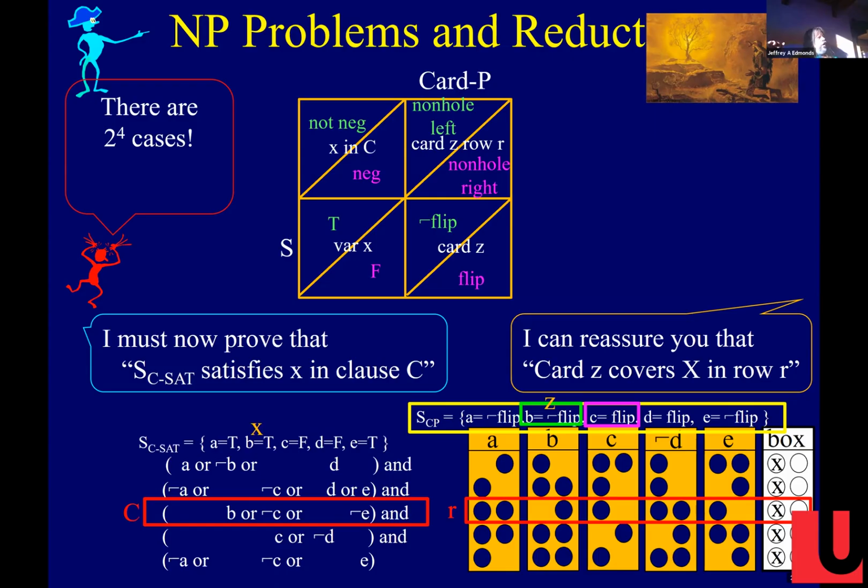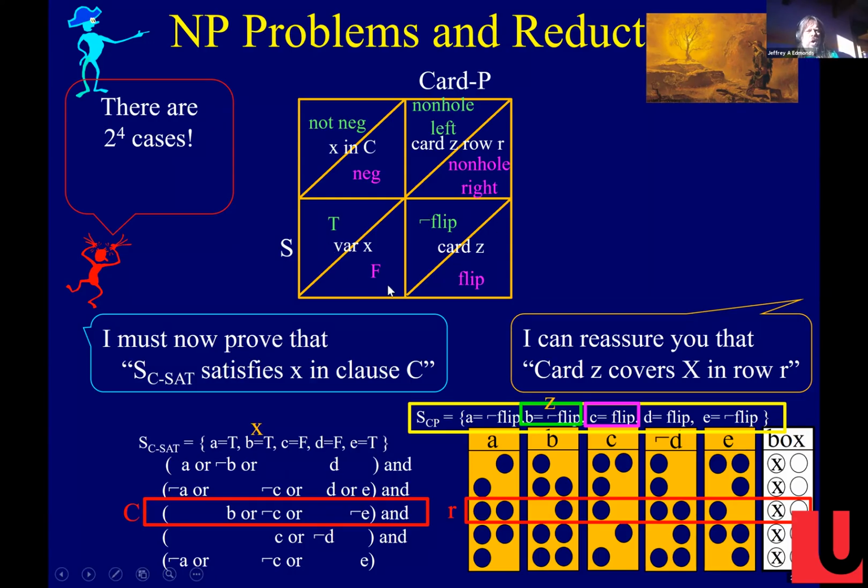And then the adversary gave us a clause, and we gave that clause to the card problem, which specified a row. Then the oracle gave us a card, and that gave us a variable. Anyway, so now we have all these various cases.